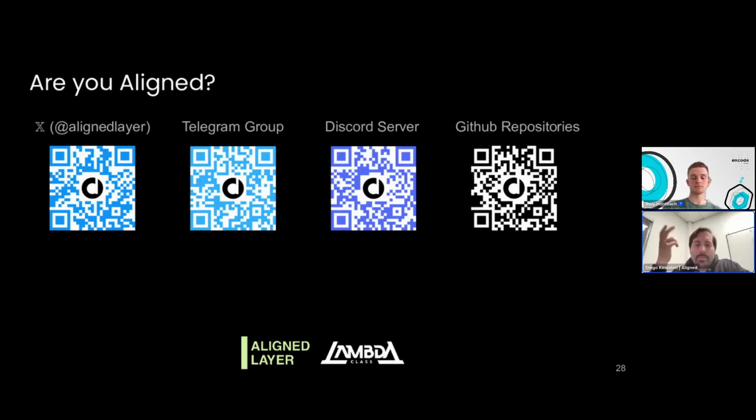And of course, the Telegram group is perhaps more ideal for communication and all that. And then of course you can always check the repos if you want to understand how it works and all that. Everything is built open source, so you can view, you can criticize, feel free.